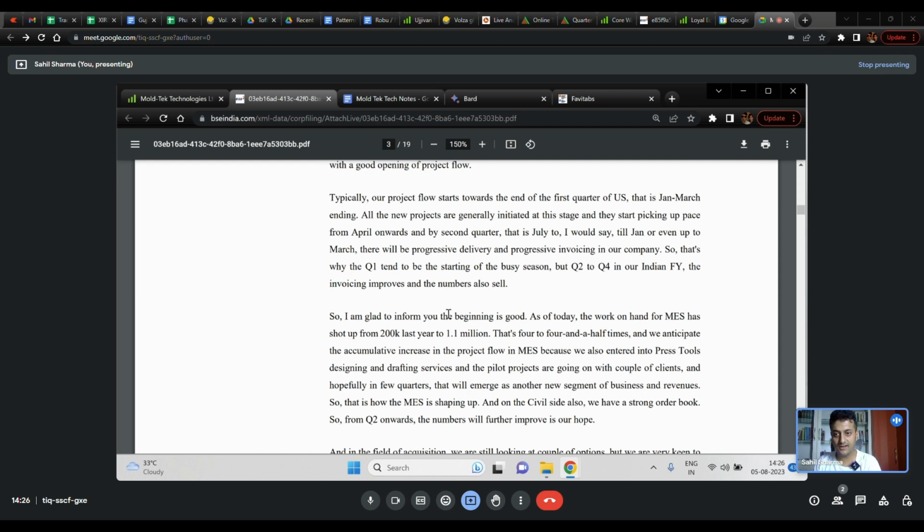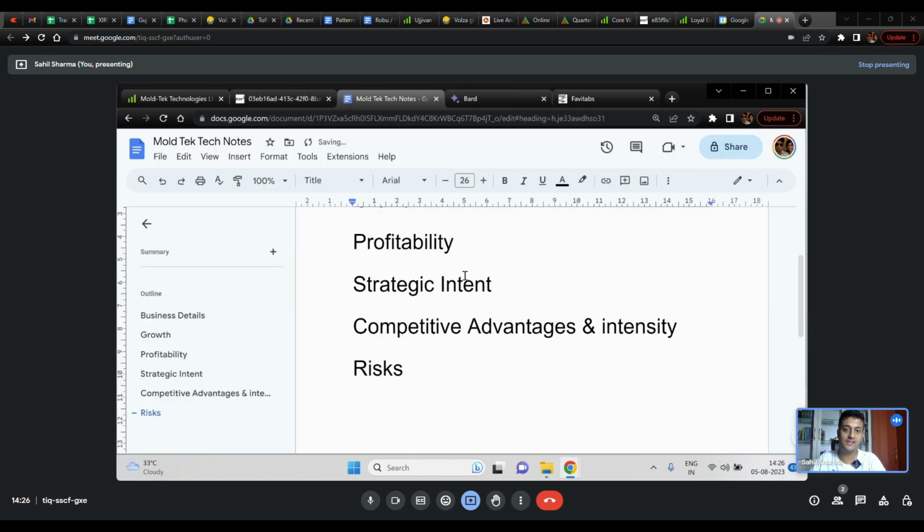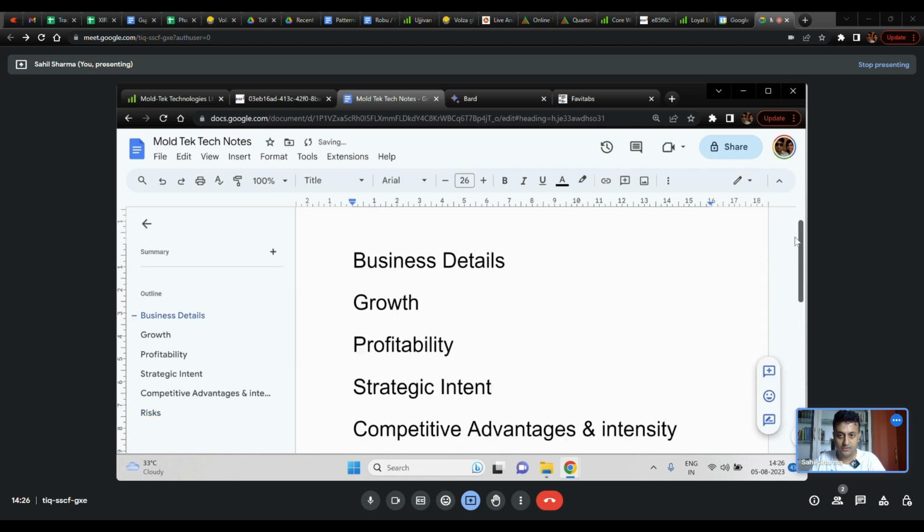So that's why he said that Q1 tends to be the starting of the season, but Q2 to Q4 in the Indian financial year, is where the invoicing and the revenue numbers will improve. All of these are important business details to understand the cyclicality of the business, or seasonality of the business actually. Let's put it here.